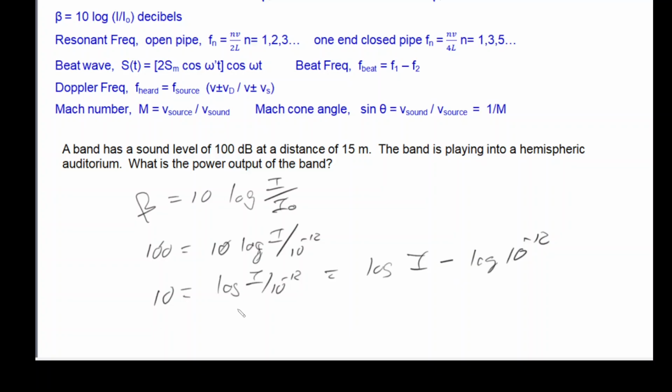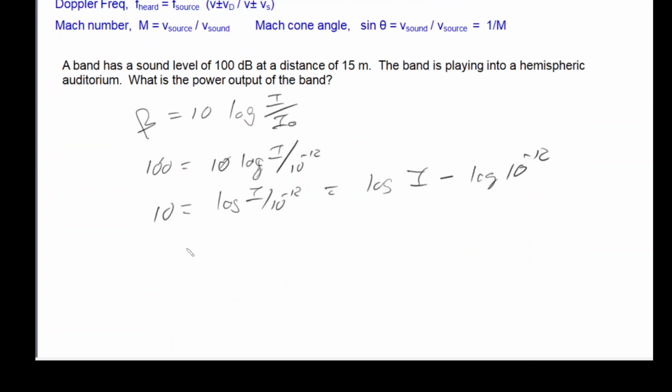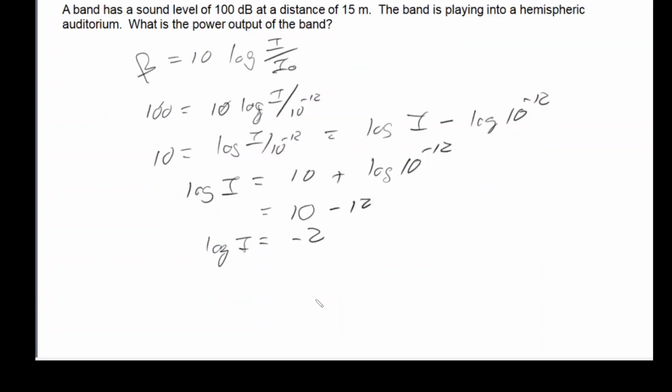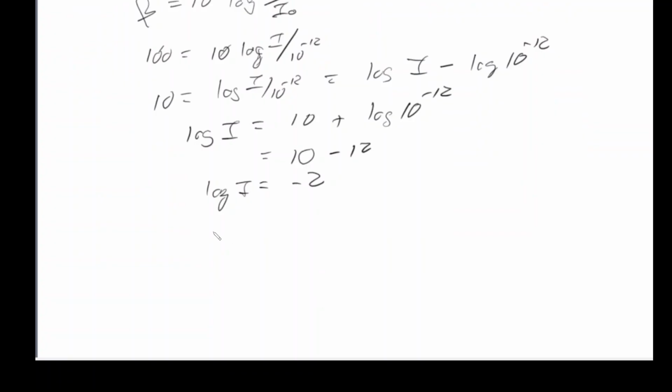So if we solve for the log of I, because we're looking for I, log of I is equal to 10 plus the log of 10 to the minus 12th, which is 10 minus 12, or the log of I is equal to minus 2. And if you calculate what I is, that's equal to 0.01.